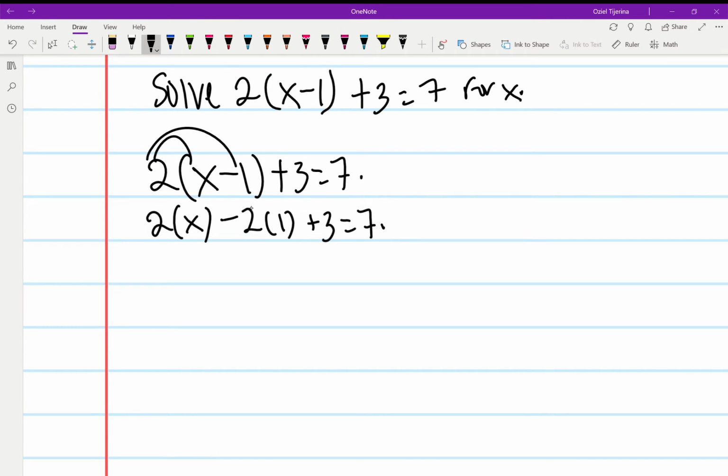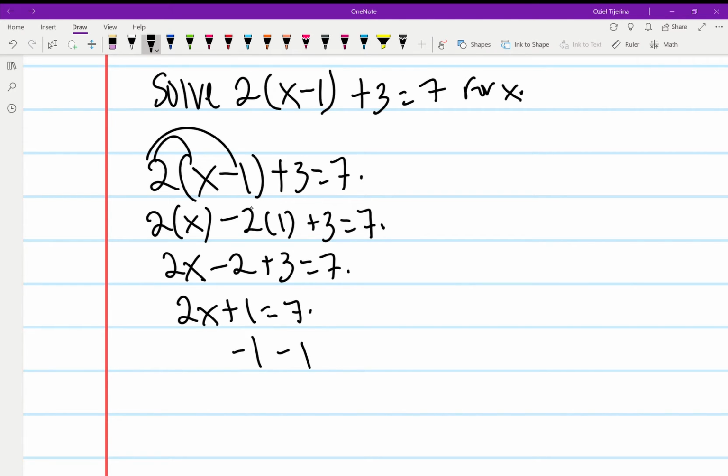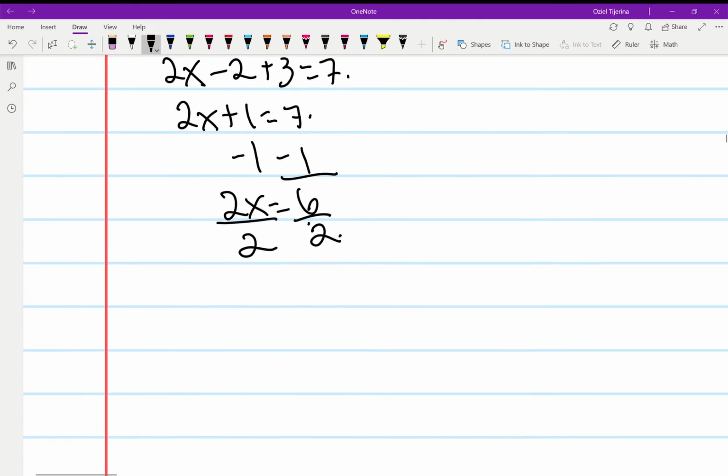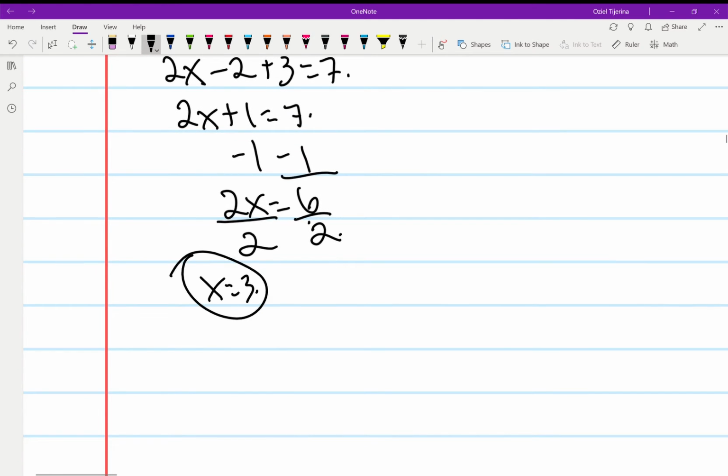So then we get 2x minus 2 plus 3 equals 7, and then 2x plus 1 equals 7, and then 2x equals 6, and you divide by 2, and you get x equals 3. So that's the answer to the first one.